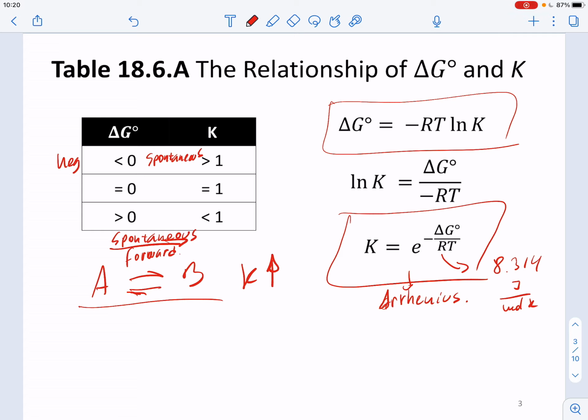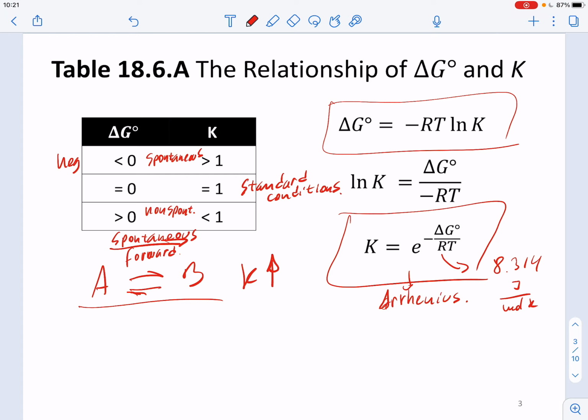and that represents the equilibrium at standard conditions, pretty much. Okay, so this is standard conditions. And when delta G is positive, larger than 0, then the process is non-spontaneous. Correct? And that represents a small value of K. Not a negative value of K, not a value of 0, but a very, very small value, much less than 1.